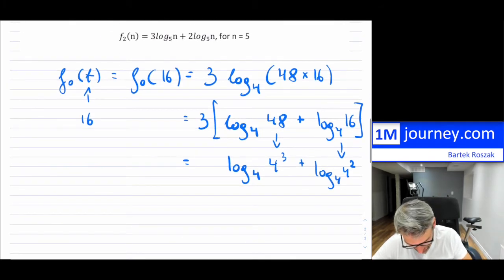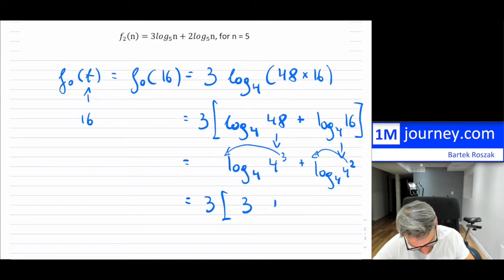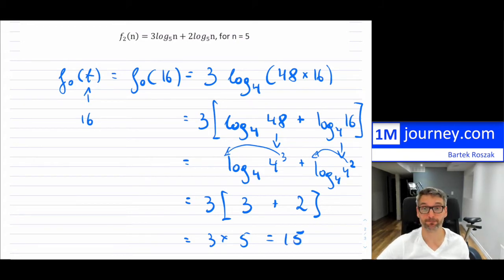So that's pretty simple now. This becomes 3, because this drops to the front. This drops to the front, plus 2, and there we have it. So this is going to be 3 times 5 equals 15. So that's the first one.